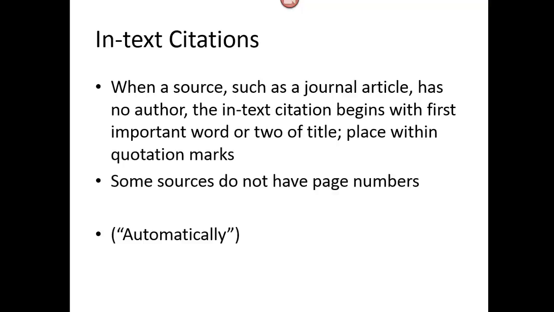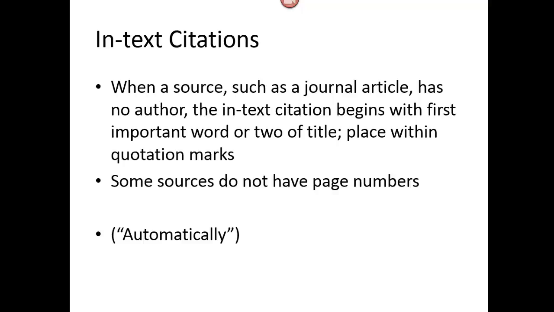And if you will turn to page 437 in this sample research paper, in that first full paragraph, you'll see how this source is used in the essay. The in-text citation is exactly as I've given it here on this slide.